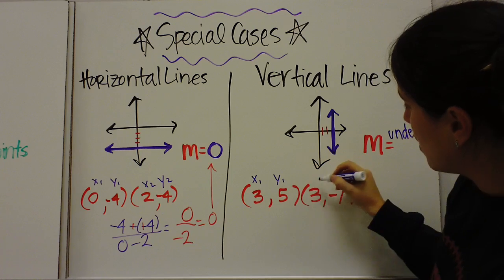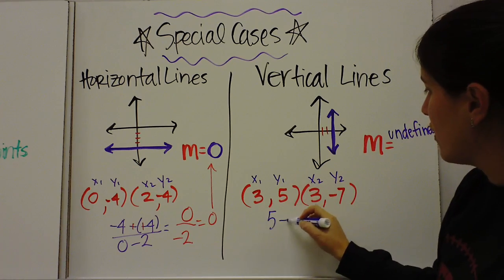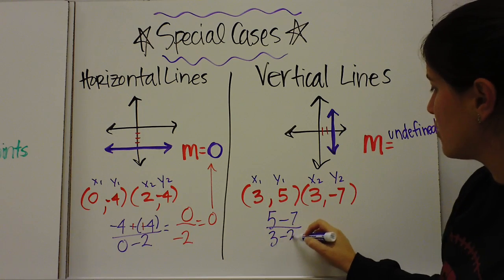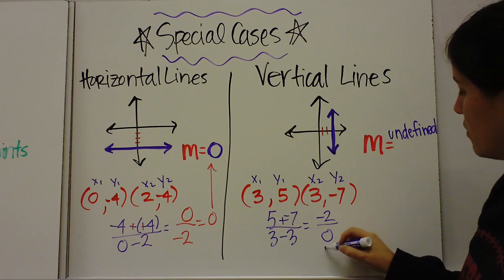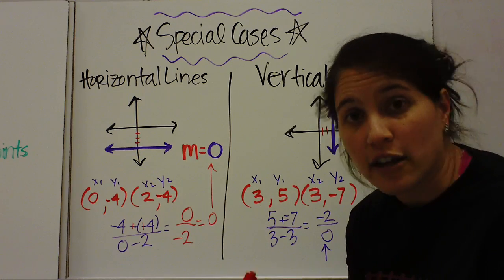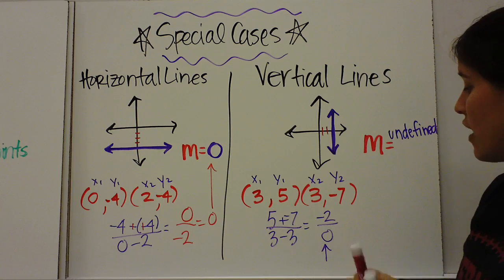And then here are some points. x1, y1, x2, y2. So 5 minus 7 and 3 minus 3 would give you negative 2 over 0. You cannot divide by 0. Try it. Take your calculator out on your phone and try to type in negative 2 divided by 0.